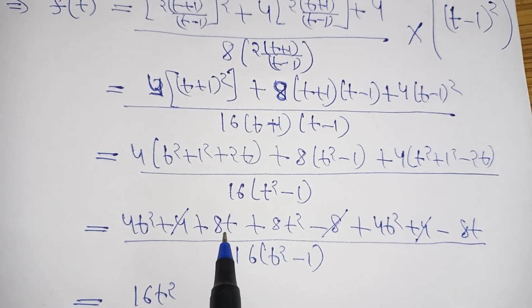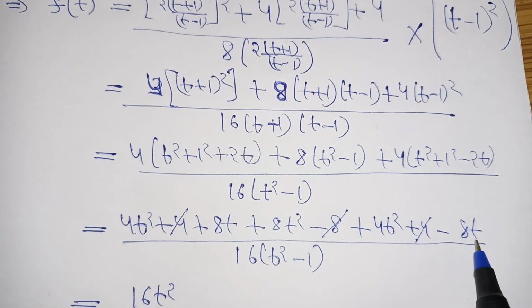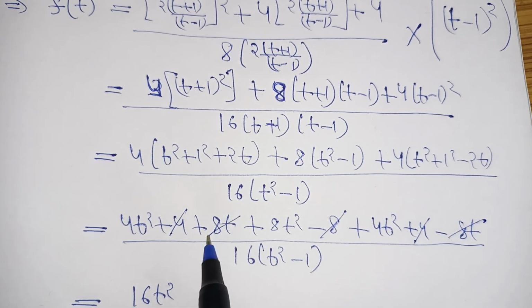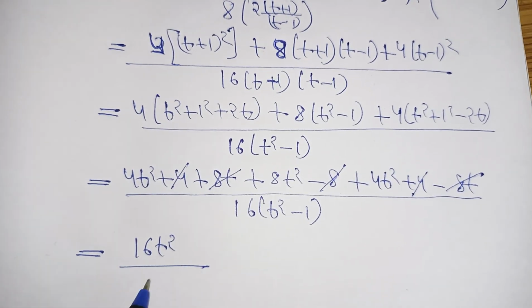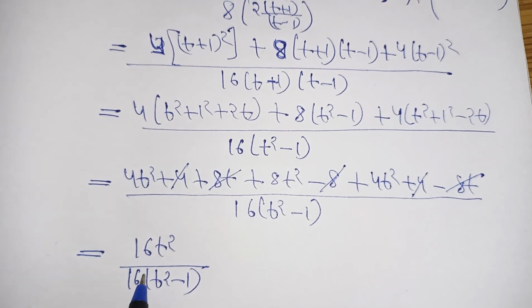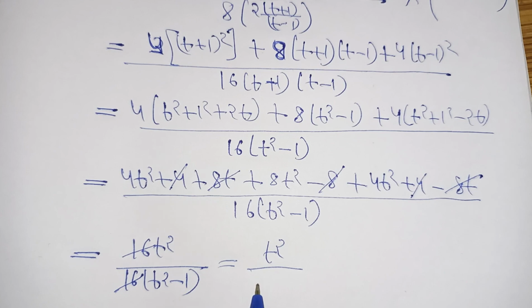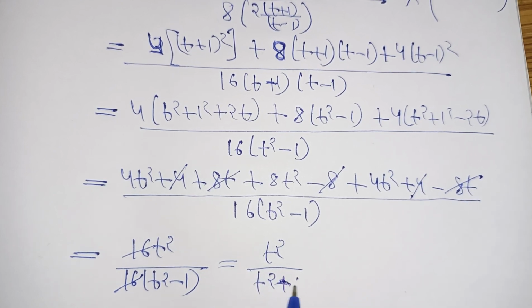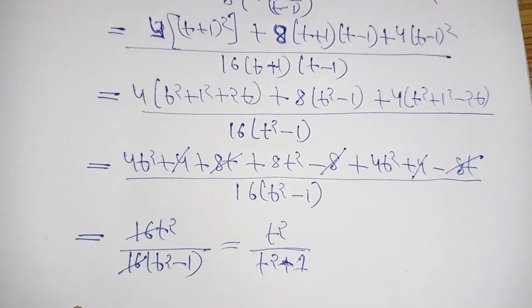Also 8t minus 8t cancels out, and then divided by 16 (t square minus 1), the 16 cancels out, and we have t square upon t square minus 1.